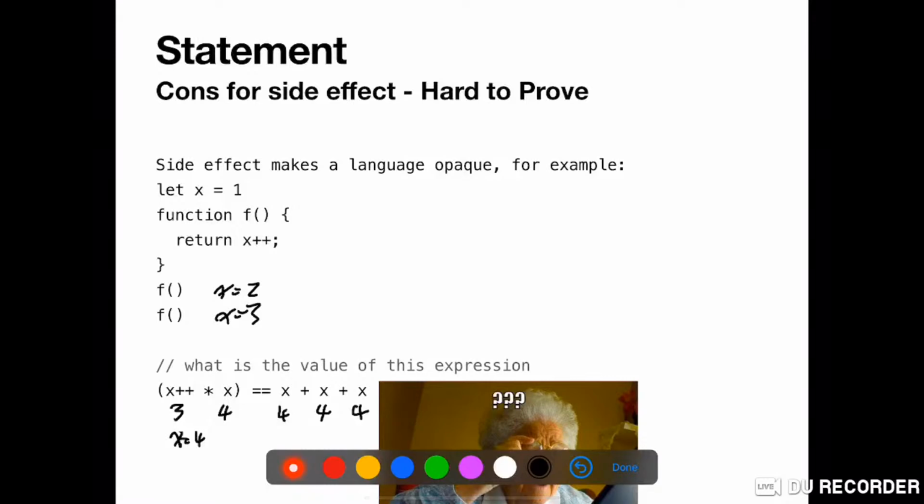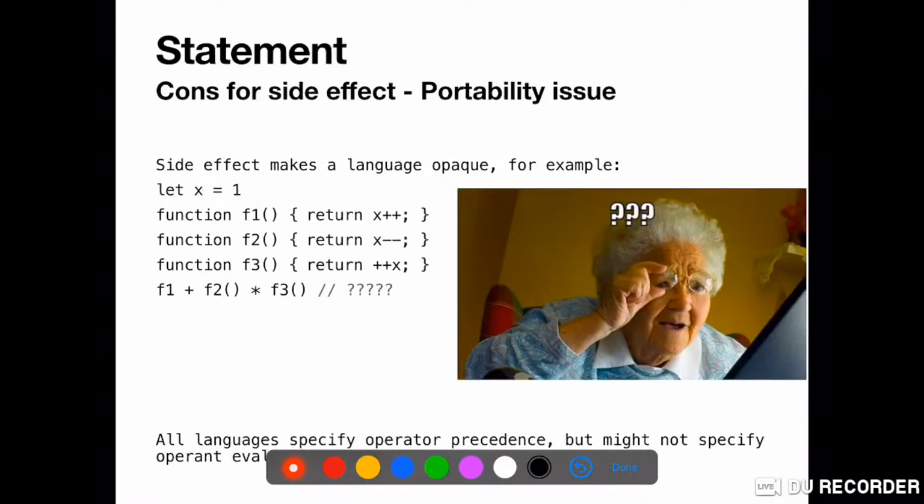Okay. And now there is something that, again, I mentioned portability. I mentioned parallel issues. Side effects make a program hard to do in parallel. Side effects also have a portability issue. For example, if we have these 3 functions.